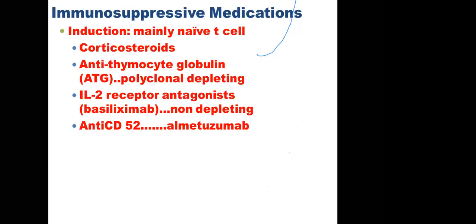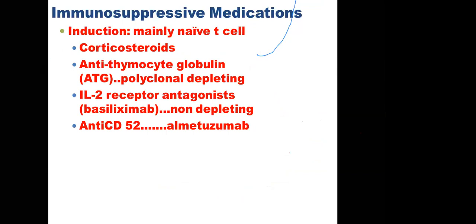Finally, the immunosuppression medication, as we mentioned, we have induction, and the induction is mainly for naive T cell. You induct the patient and give him heavy immunosuppression as preparing his body to receive the graft.